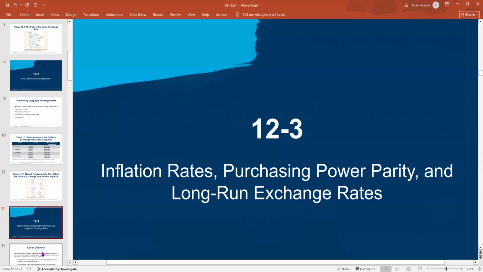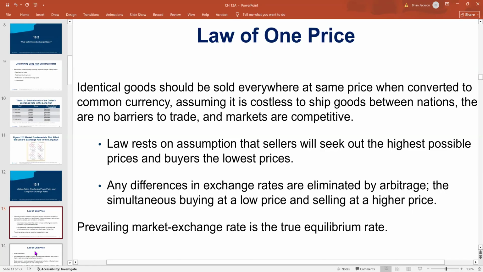All right. So now we go to inflation rates, purchasing power parity, and long run exchange rates. We're going to see here that we have a theory called purchasing power parity that will establish an implied exchange rate for goods between currencies that may depart for a while from the exchange rate that's recognized on foreign exchange markets.